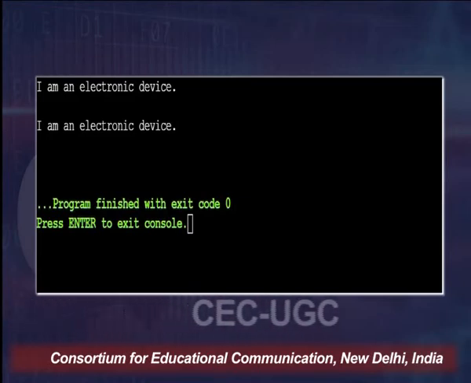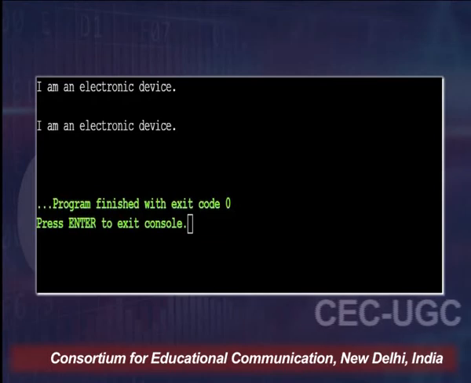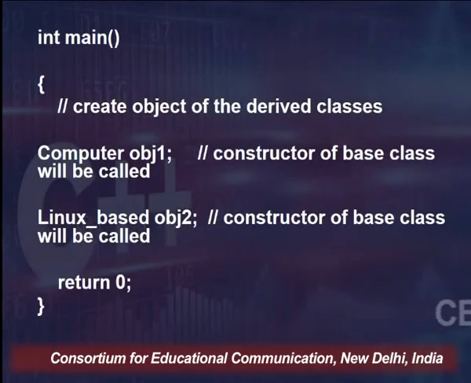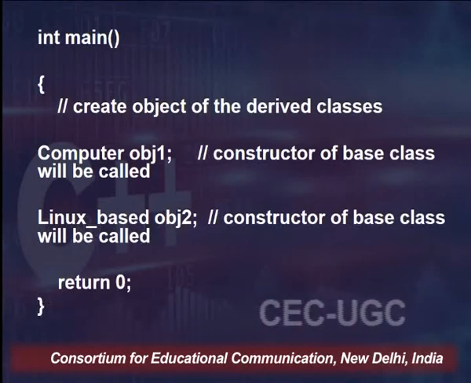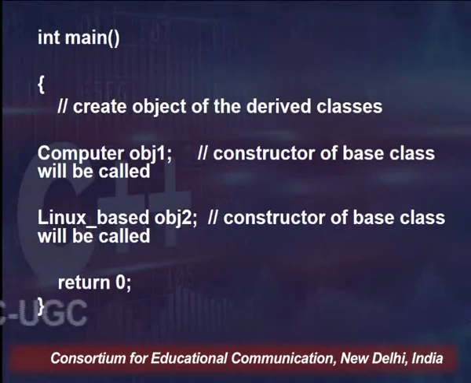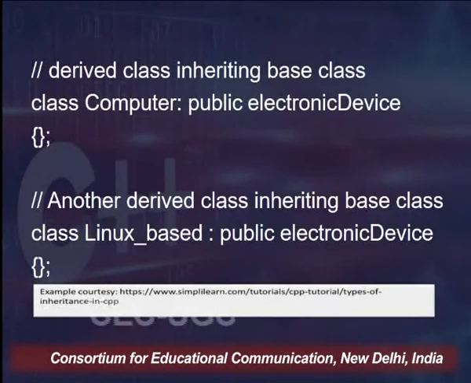Now why this is happening: you can see in the code that computer obj1 is the creation of the object obj1 of the class computer whose base class is electronic device. Notice in the definition we have not written any definition within the brackets for the class computer. Also we have not written any definition of its own for the class Linux based.